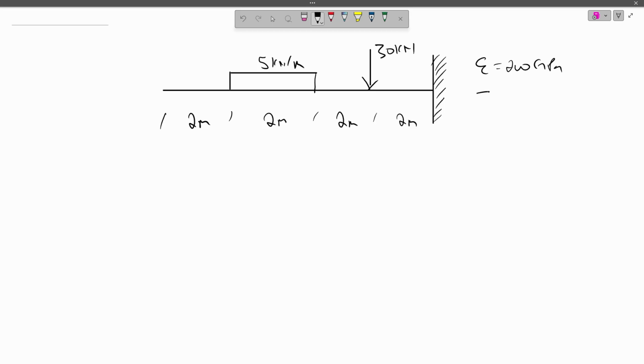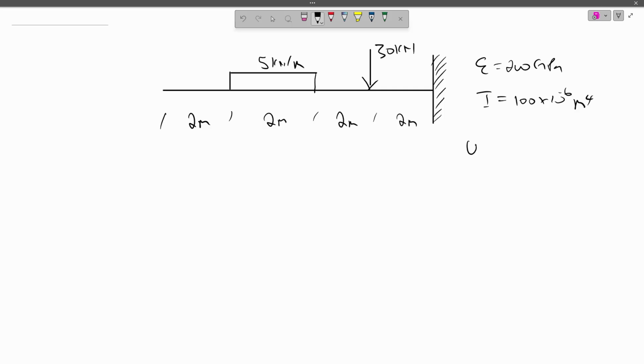Let's say we're given a cantilever beam, and our E is 200 GPa and our I is 100 times 10 to the negative 6 meter to the 4.